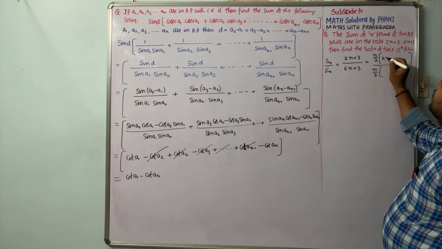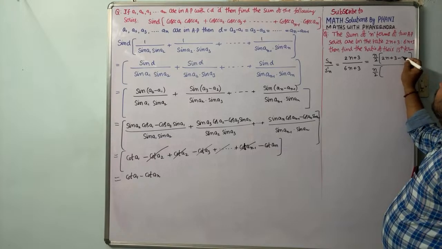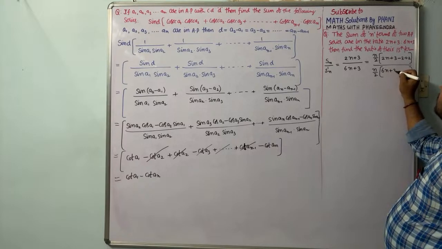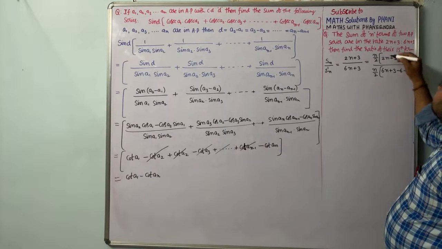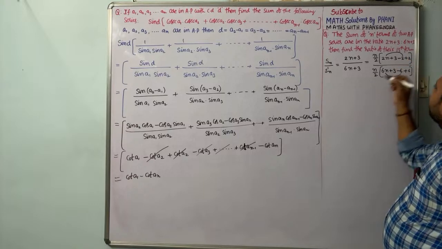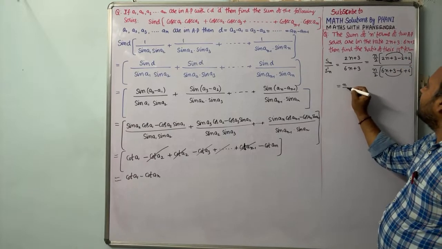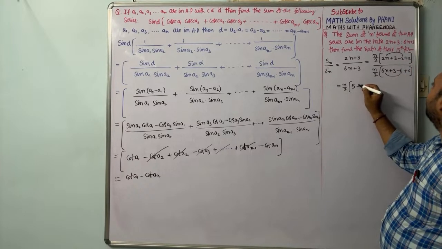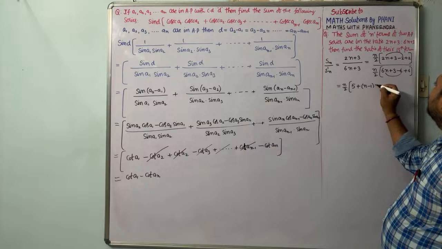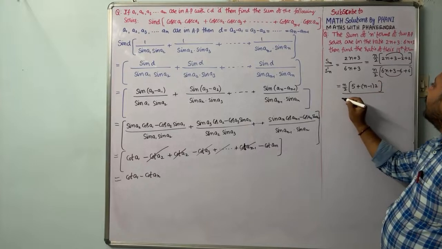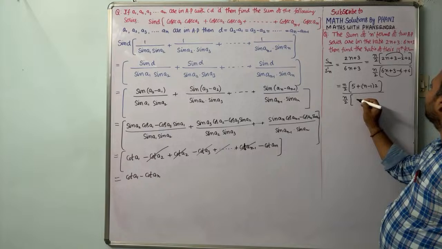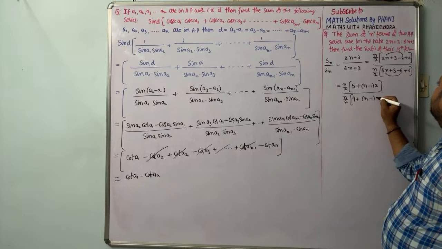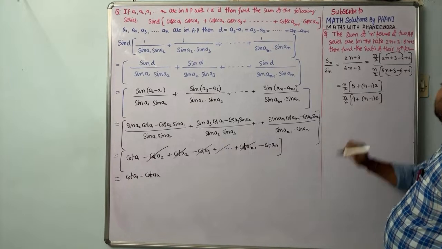So further, I am doing 2n plus 3 minus 2 and plus 2, whatever the n coefficient is, and here also plus 6 minus 6. So which is equal to n by 2 (3 plus 2 is 5, plus (n minus 1) into 2) divided by n by 2 (6 plus 3, 9, plus (n minus 1) into common difference 6 here).